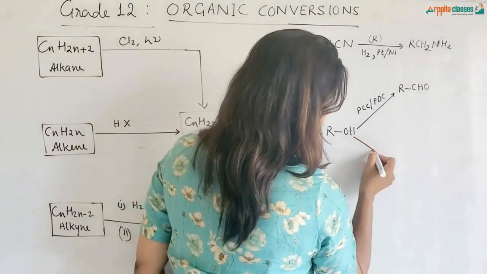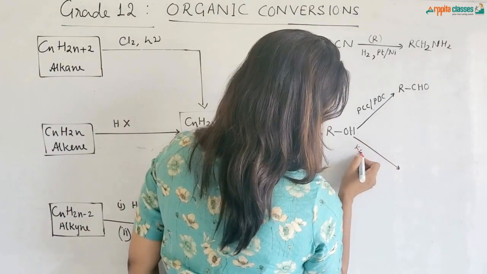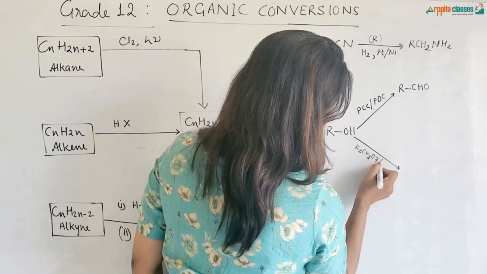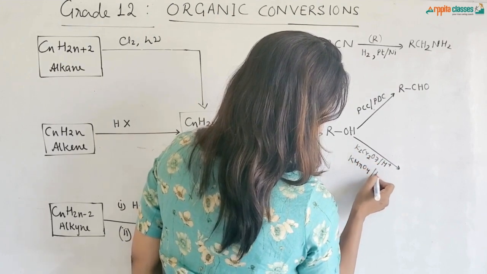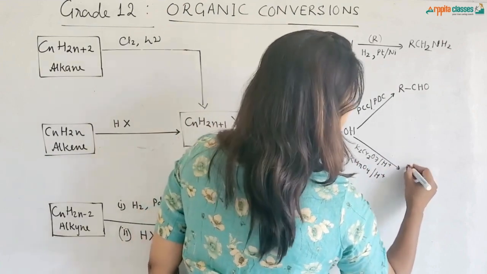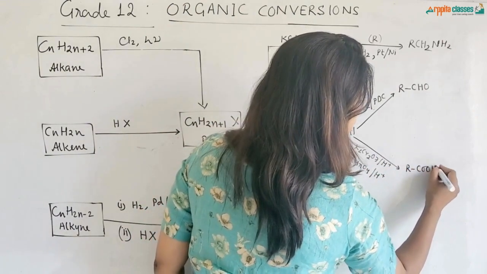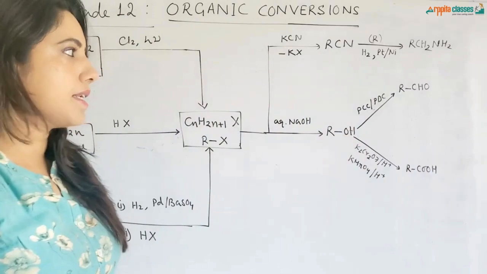Or this alcohol can be treated with acidified K2Cr2O7, acidified KMnO4 or Jones reagent, so that it converts into RCOOH, that is carboxylic acid.